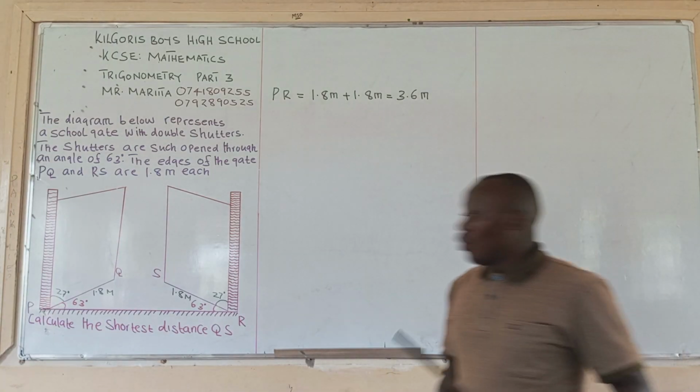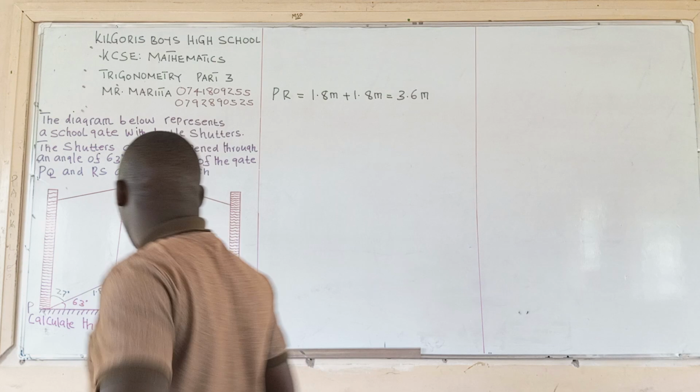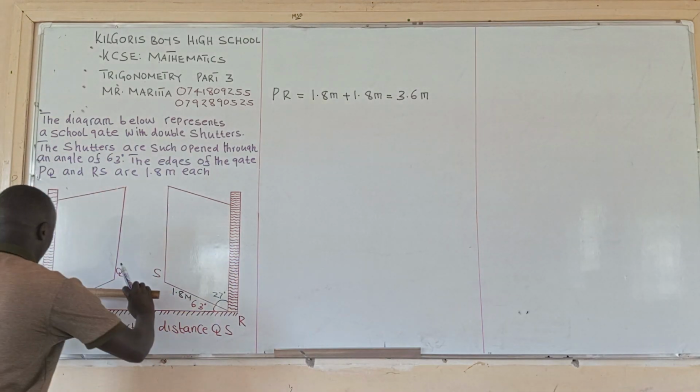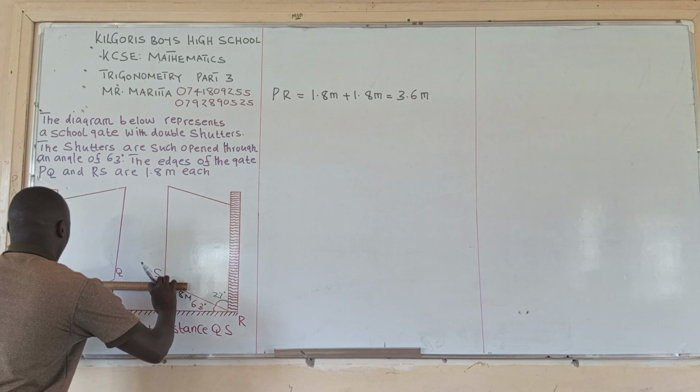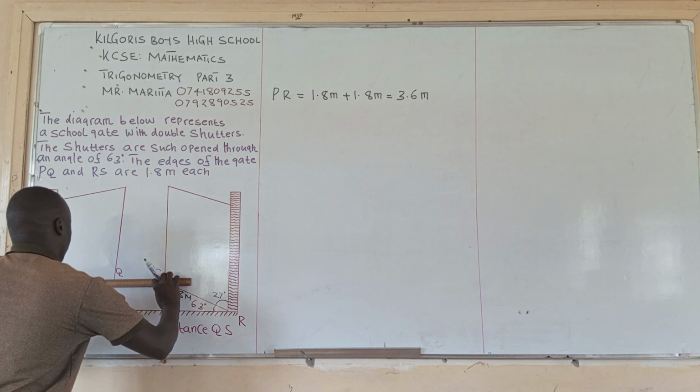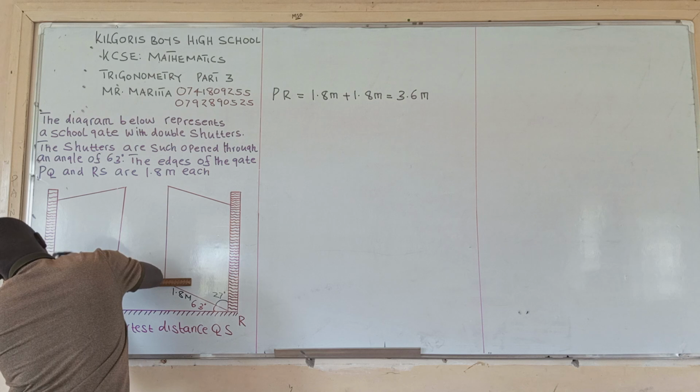So we can divide this and come up with a triangle here. Let us have this triangle.